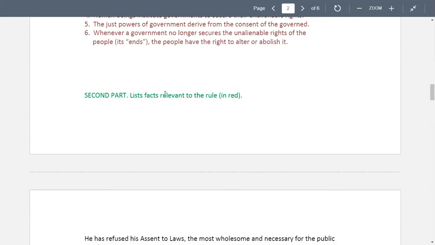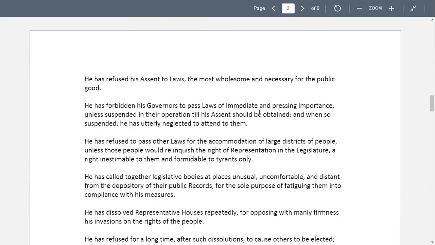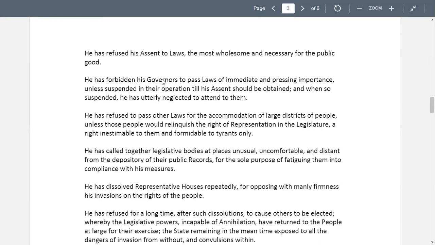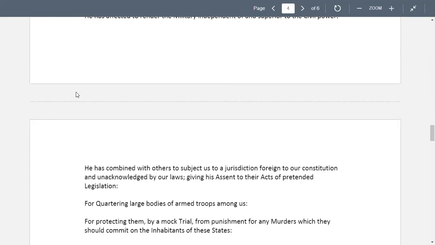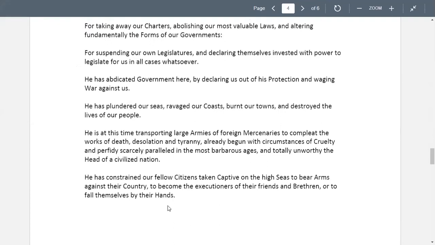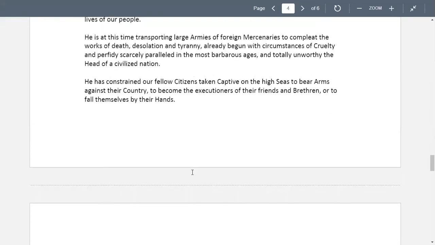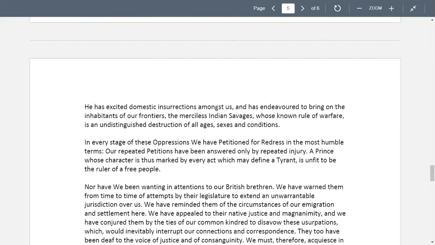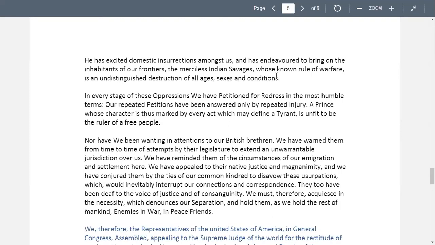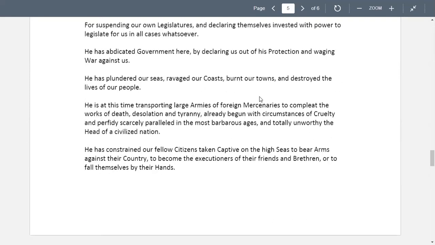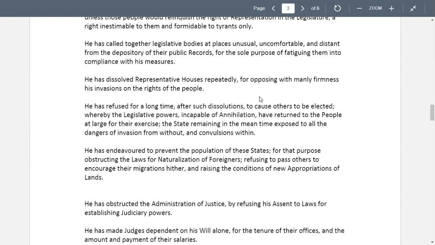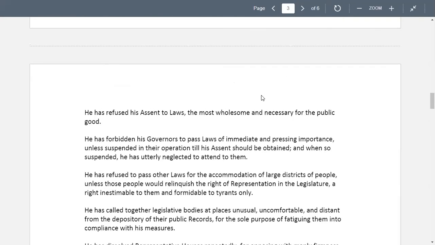But the second part, the part they call the grievances, is the longest part of the document. It's the body of the document. And you can see it goes pretty far to right here, basically. So from here all the way back to the end of the first paragraph are the grievances. This is the evidence.